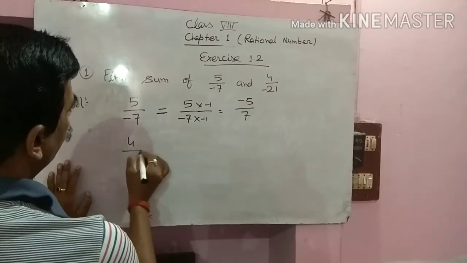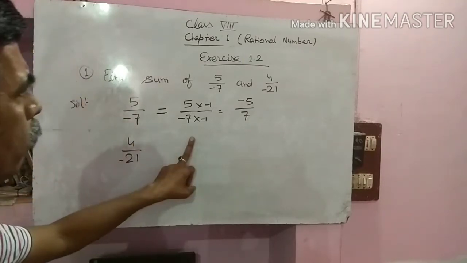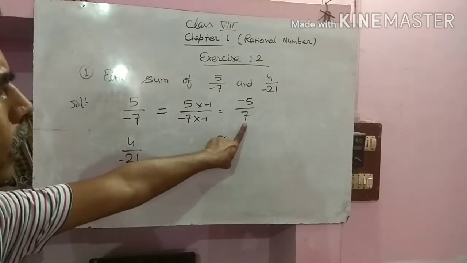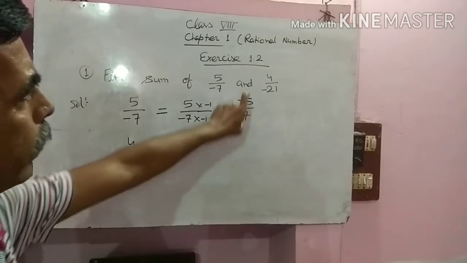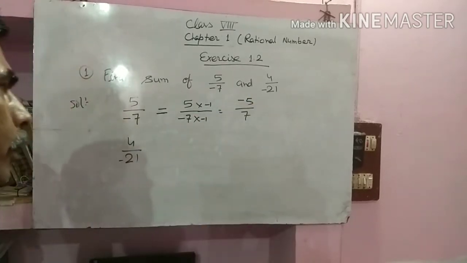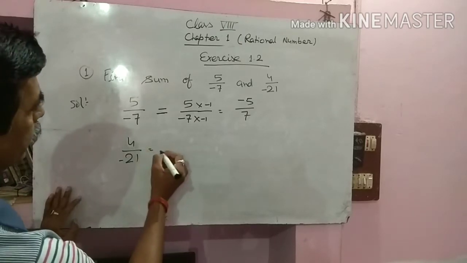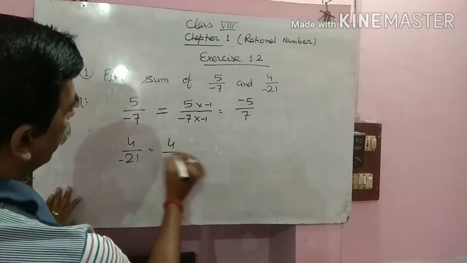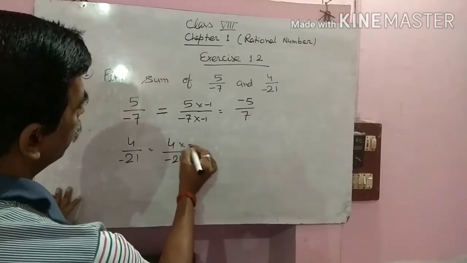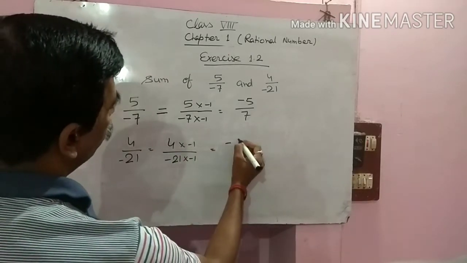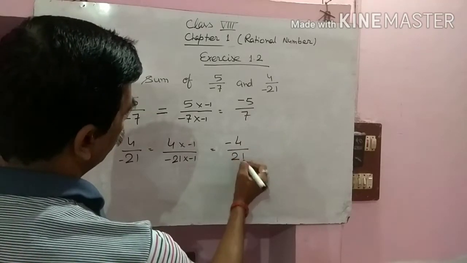The next one is 4 by minus 21. To make it standard form, the denominator should be positive, and the numerator and denominator should be co-prime. So 4 by minus 21 into minus 1 by minus 1 becomes minus 4 by 21.